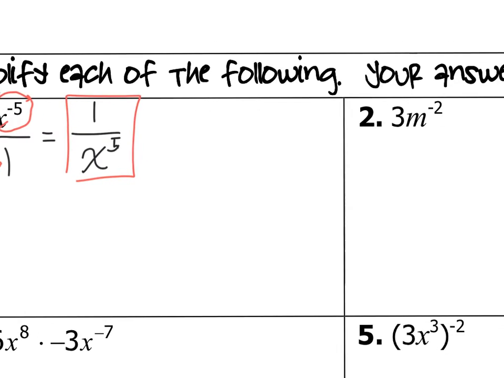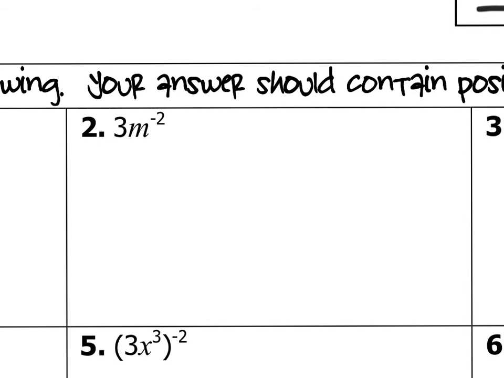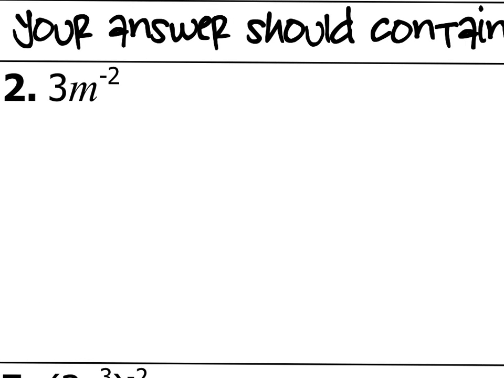Okay, let's go ahead and try another question. I have 3m raised to the power of negative 2. This is the same thing as 3m raised to the power of negative 2 over 1.